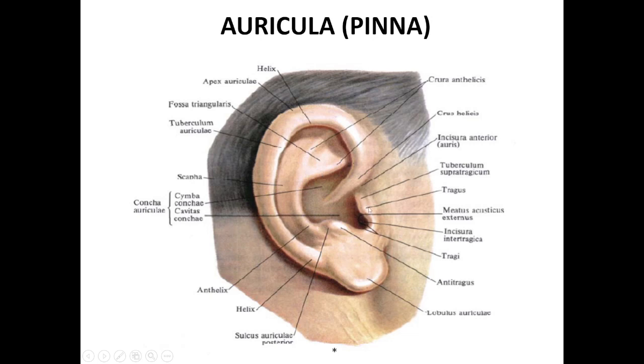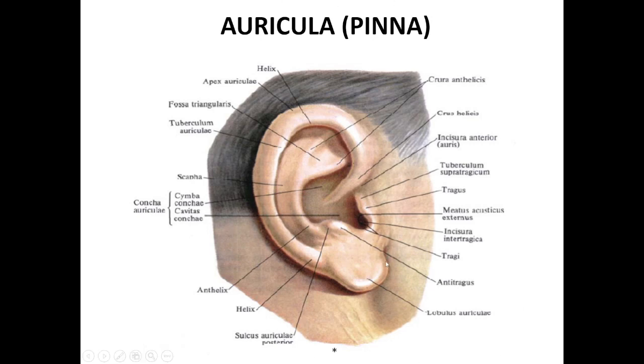And if this is tragus, so this is antitragus. These are the most important structures of the cartilaginous external ear, which has a very interesting shape.